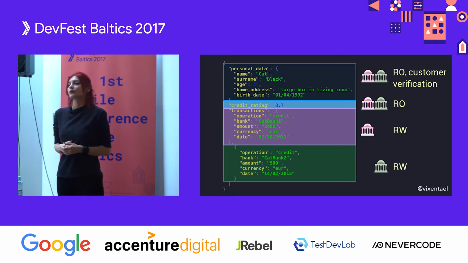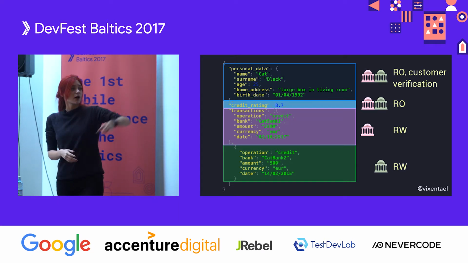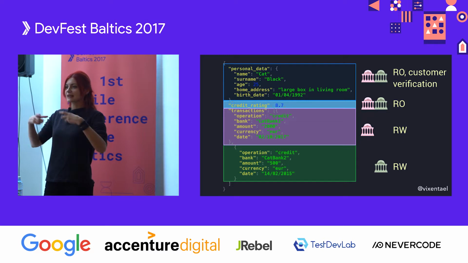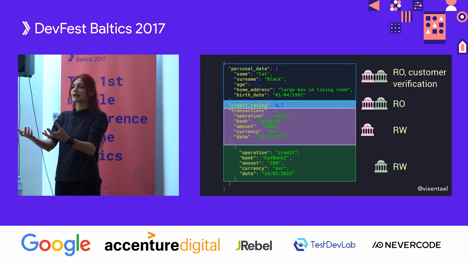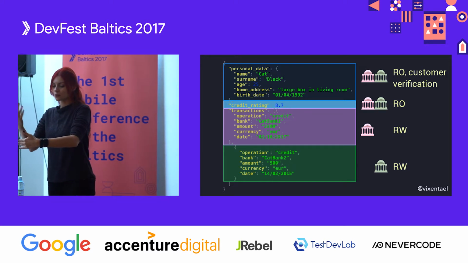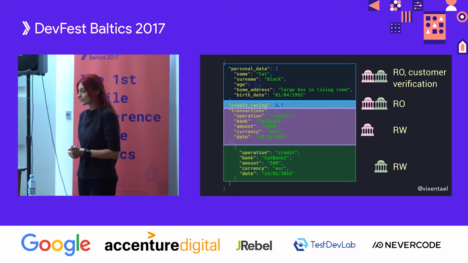The credit score is available read-only for the banks and read-write for the credit bureau. And of course, transaction history. We should allow banks to change only the latest transaction, to have read-only access to the next one or two transactions, and we don't allow them to see it all.